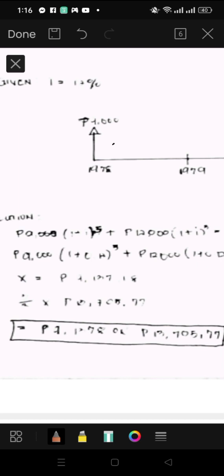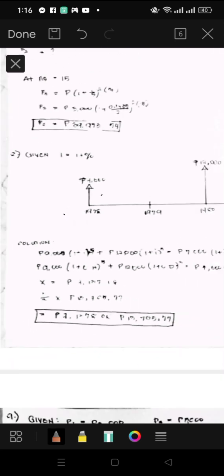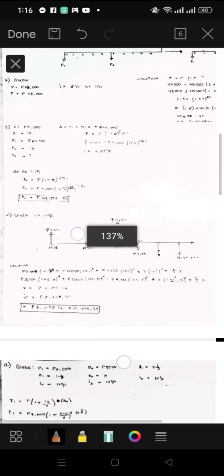So number 9 is: a woman borrowed 3,000 to be paid after 1.5 years with interest at 12% compounded semi-annually, and 5,000 to be paid after 3 years at 12% compounded monthly.